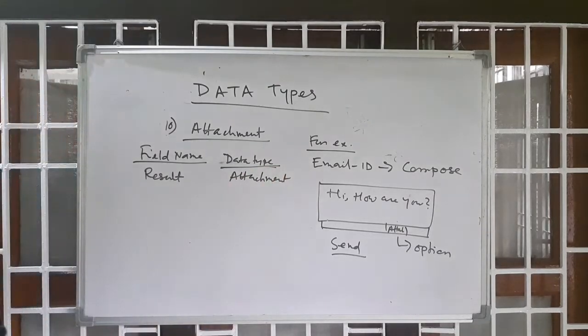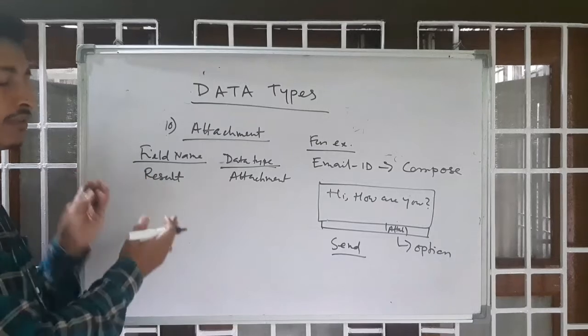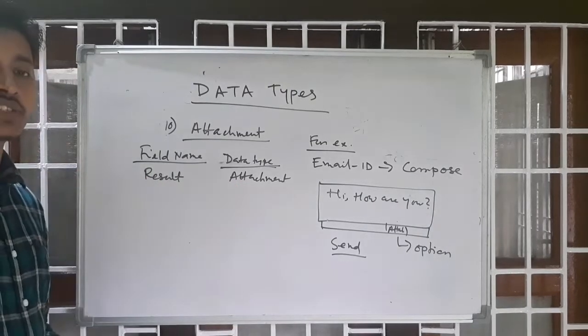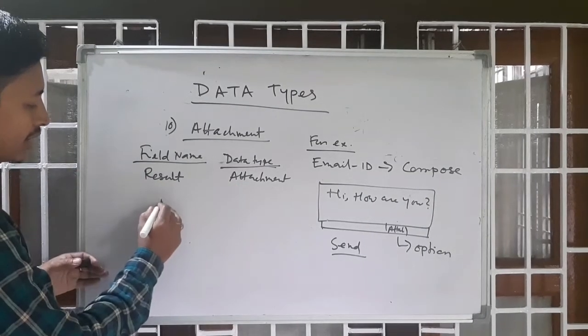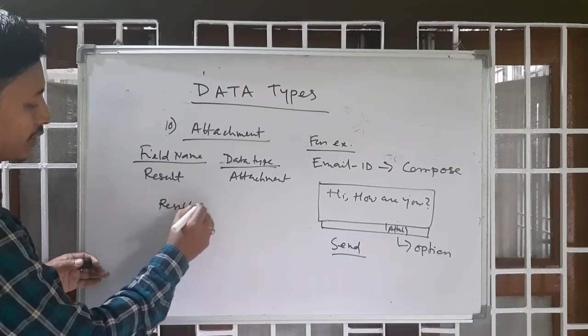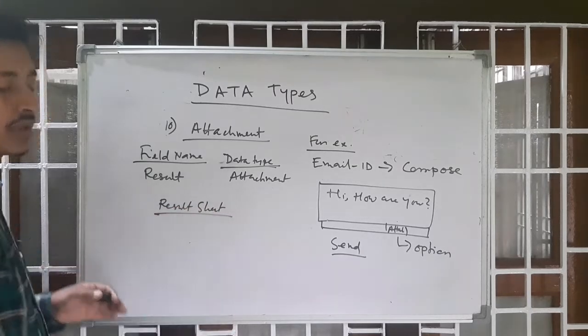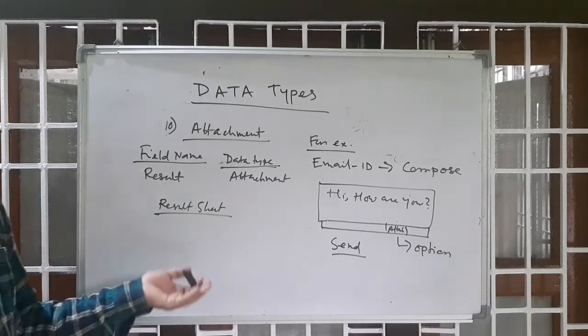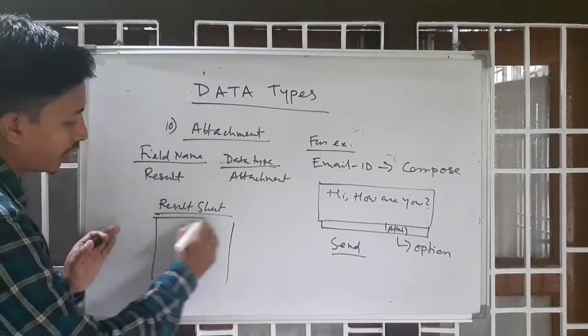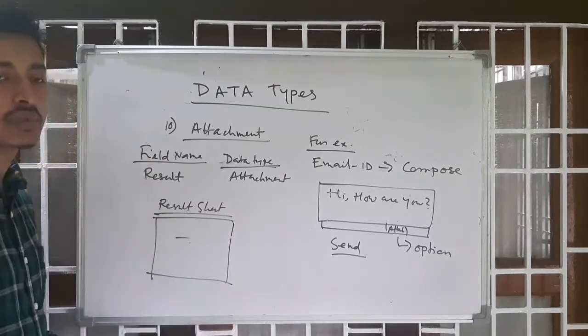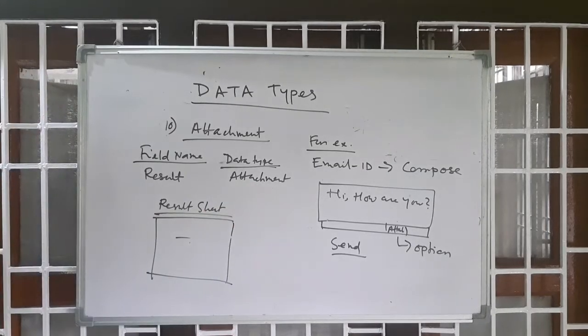Attachment means result is a field where you can attach your result sheet, showing how many marks you will get. All the things you can attach in this document.